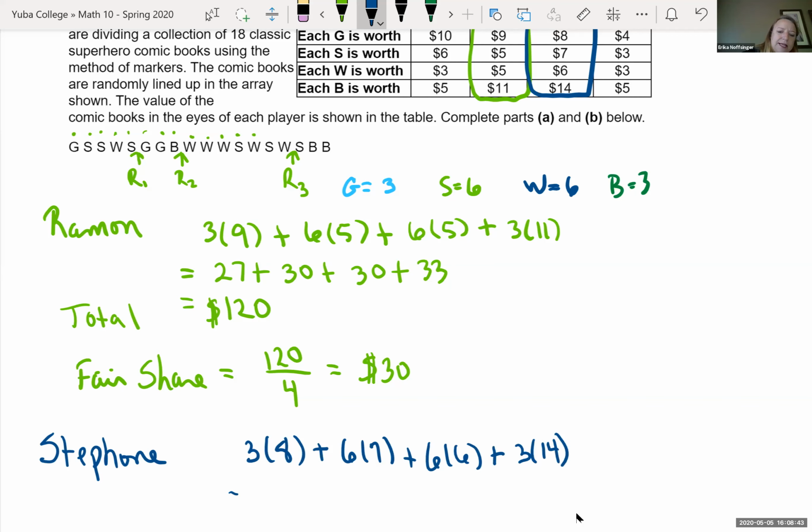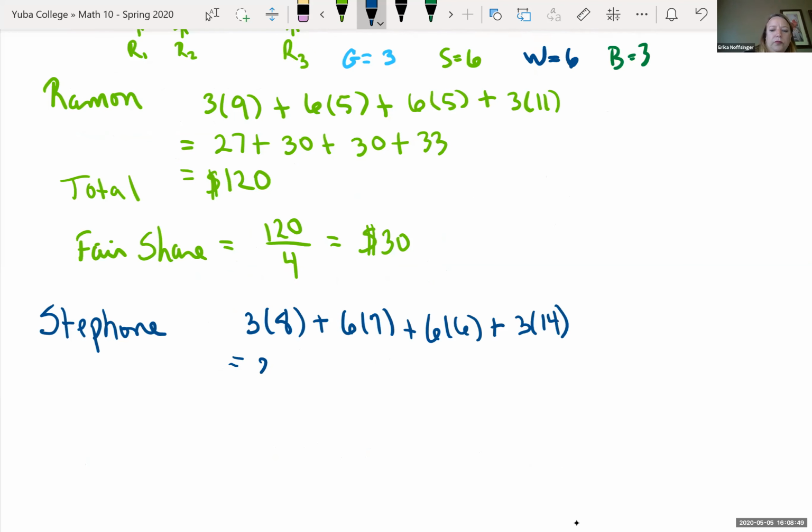So if we sum this up, or multiply and sum, so 3 times 8, we got 24. 6 times 7 is 42, so plus 42, plus 6 times 6 is 36, plus 3 times 14, that's 42. So we got 24 plus 42 plus 36 plus 42.